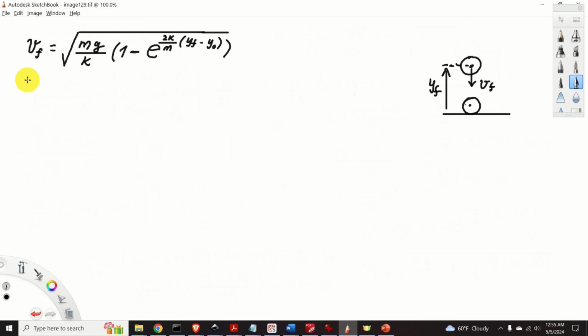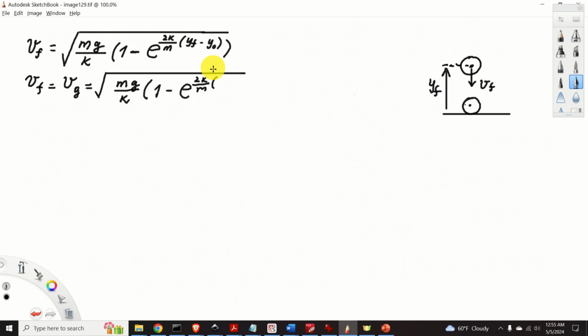And let's see the expression. Then vf is equal to v ground is equal to square root of mg over k multiplying 1 minus e to the power 2k over m, and let's see what do we have over here.